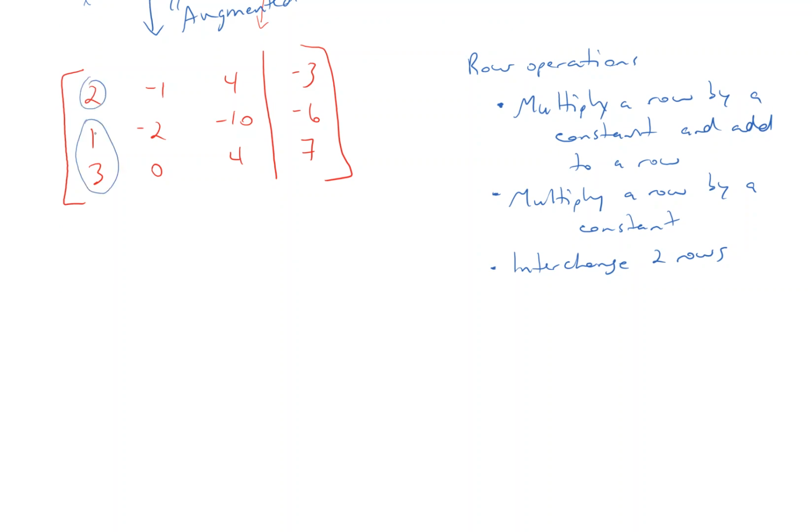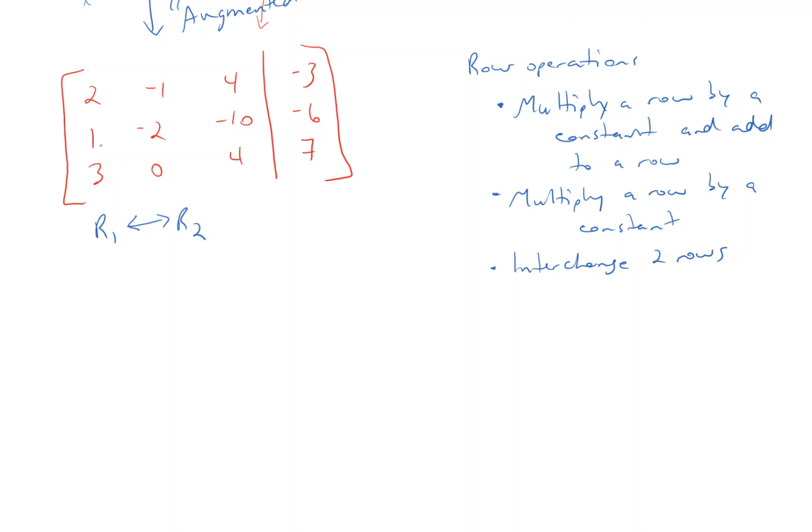That's kind of hard because 2 is not very easy to cancel with these if I multiply and add. 1s are very easy to use, so I'd like to make this 1 go up to the top row. What I'm going to do is interchange row 1 and row 2. I get a new augmented matrix.